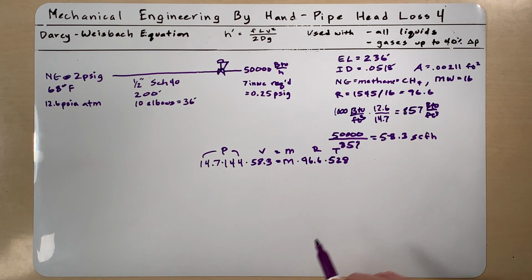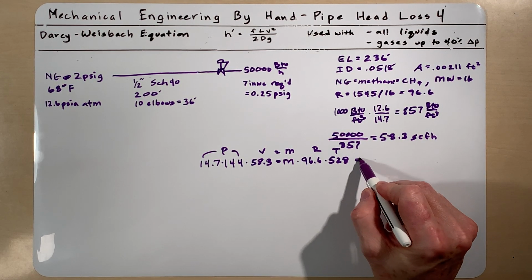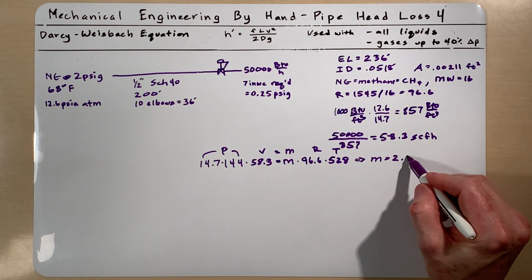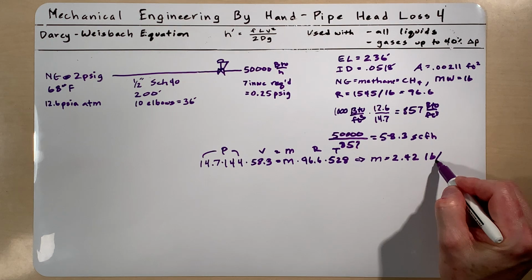So solving for this, we get m equals 2.42 pounds per hour.